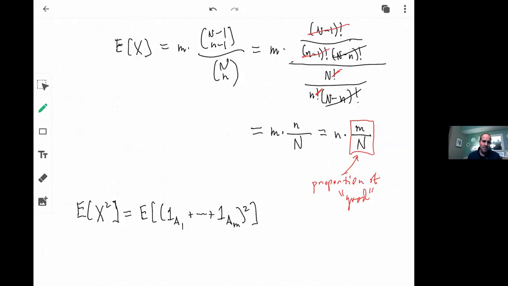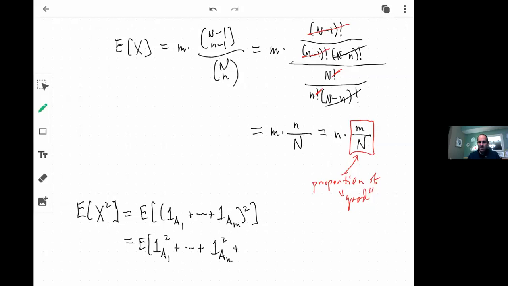You say to yourself, okay, now what am I gonna do? That looks awful. Well, what would we do? It'd be the expected value of, let's see, the indicator of A1 squared plus dot, dot, dot. It would be the sum of all the squares of these things.